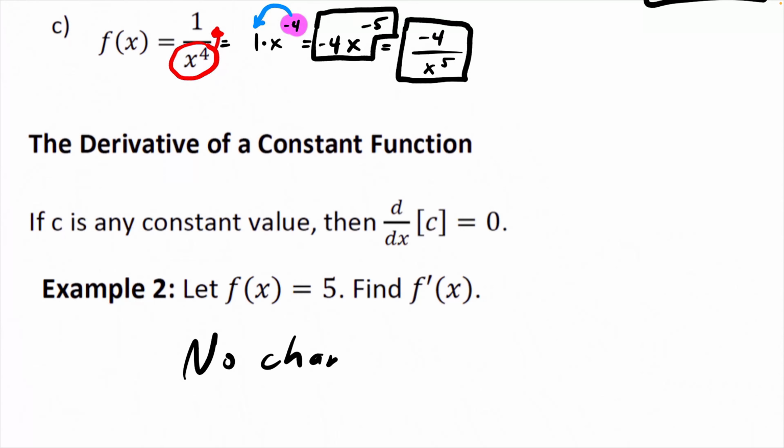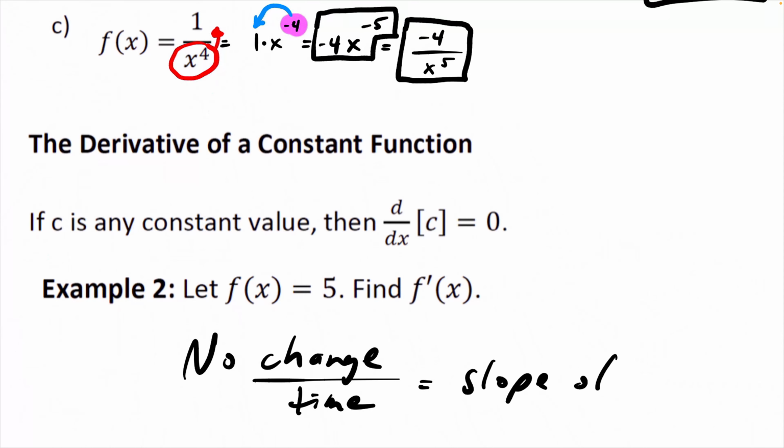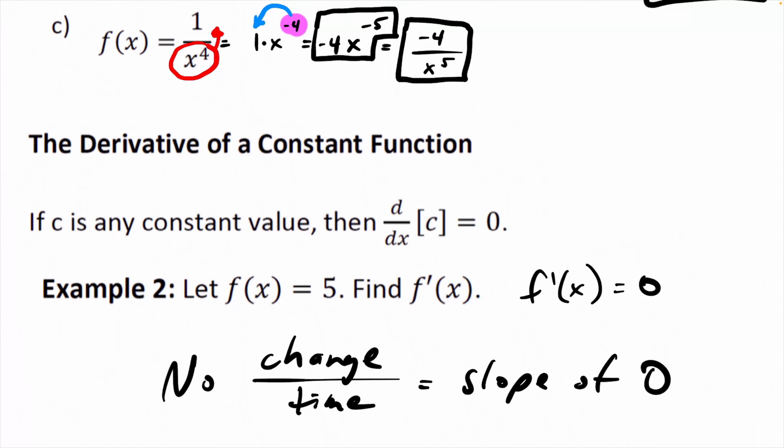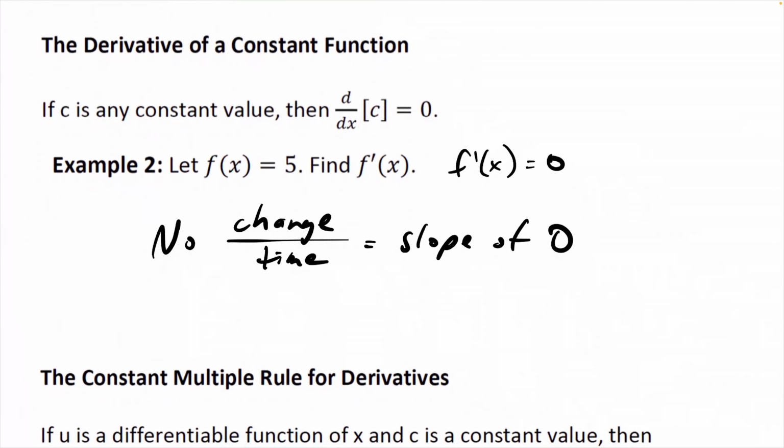No change over time equals slope of 0. If something doesn't change over time, it's going to have a slope of 0, because slope is change over time. So f prime equals 0. So anytime you're finding the derivative of a constant, it's always going to be 0.